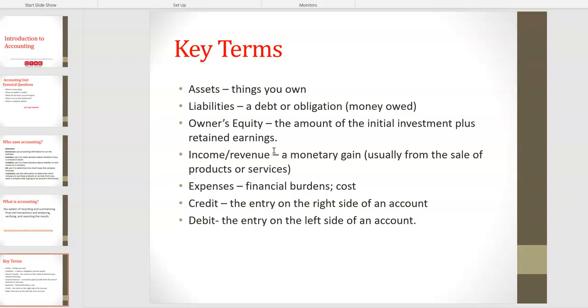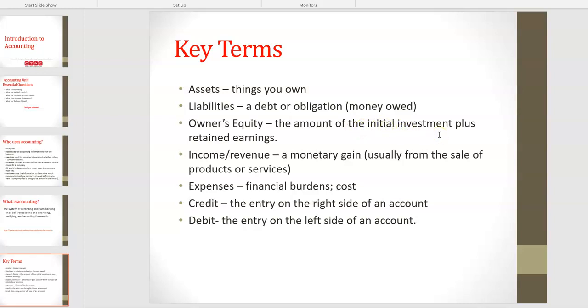Now, the difference between what a business owns and what they owe to others is going to be the equity or the net worth. Equity can also be defined as the owner's share in a business, the owner's part of a business. So imagine if there was an owner who decided to invest in the business and they invested $1,000. The $1,000 would be their initial investment.